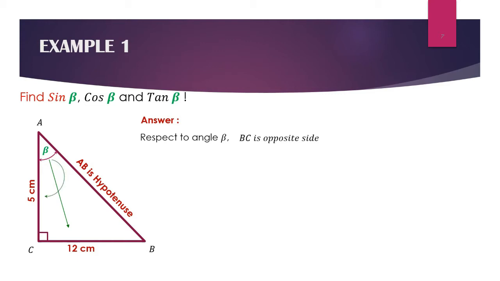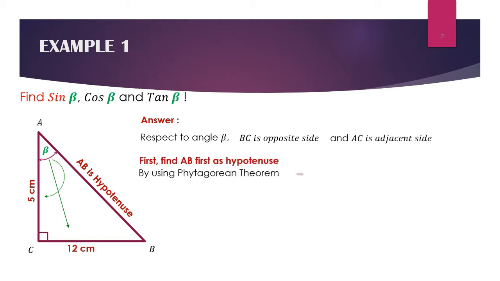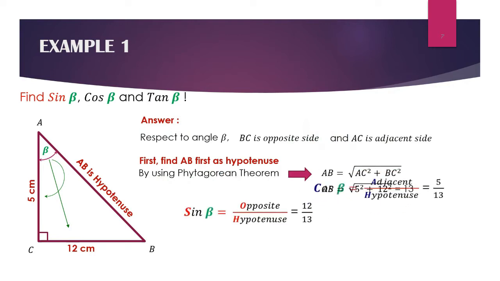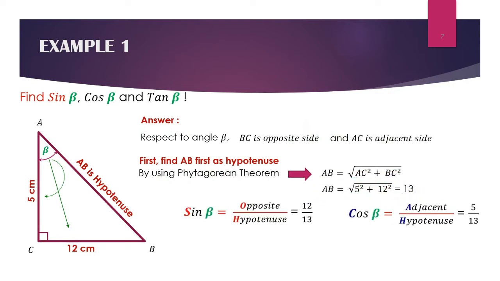First, find AB as hypotenuse. By using Pythagorean theorem, AB is root of 12 squared plus 5 squared. So AB is 13. Very easy. So sine beta is opposite over hypotenuse, equal 12 over 13. Cosine beta is 5 over 13. And tangent beta is 12 over 5.